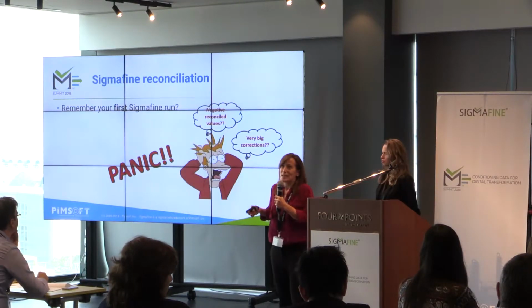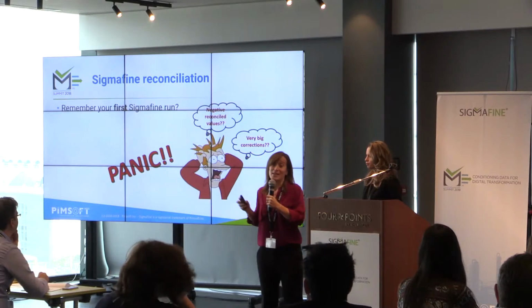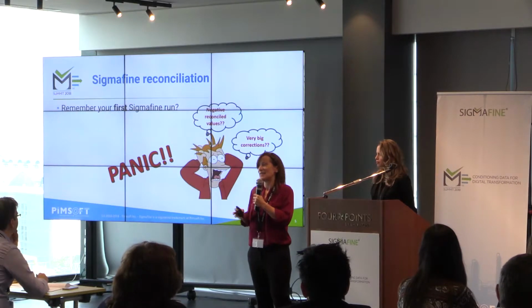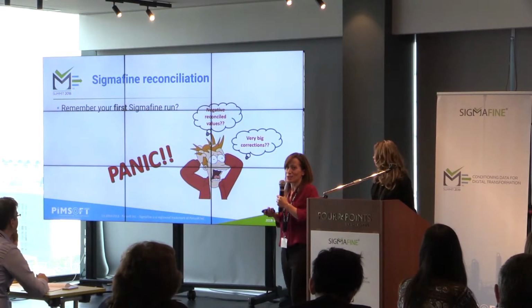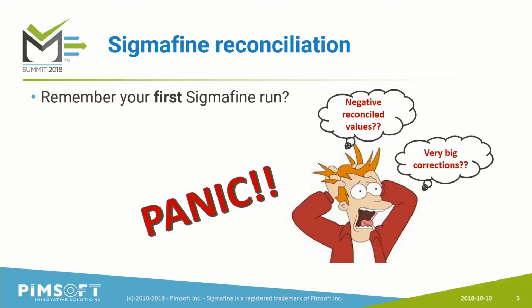Well, no, Sigmafine is maybe just simply trying to give you some warnings, some desperate warnings, about how your data is, and if maybe your model is not good, okay? In fact, there's always a reason why you are getting some bad initial reconciled values.